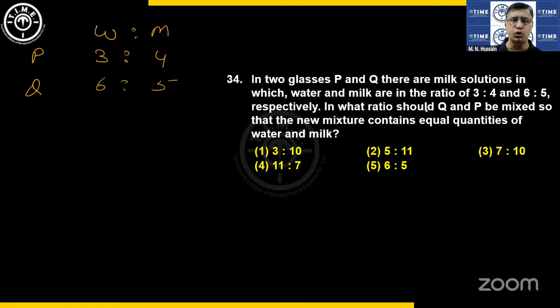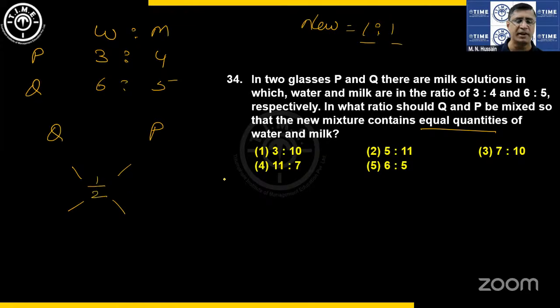In what ratio should Q and P be mixed so that the new mixture contains equal quantity of water and milk? What is the new mixture ratio? 1:1, that is 1 by 1 plus 1, that is 2.